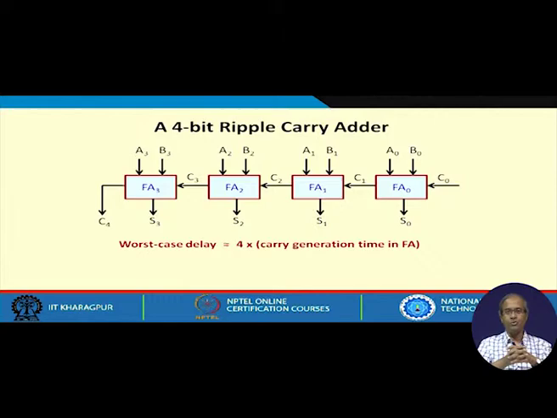Now, let us try to do one thing, let us try to stretch this ripple carry adder in a skewed way, so that in the different time steps, let us move the different stages of the ripple carry adder, the different full adders, in the different time steps. Let us make them different stages in the pipeline.